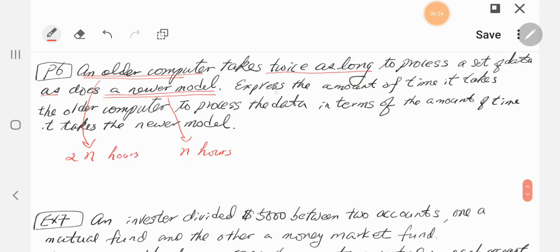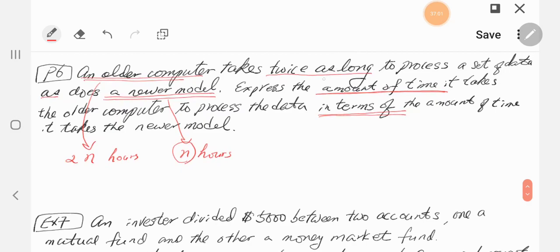Express the amount of time it takes the older computer to process the data in terms of the amount of time it takes the newer model. We set the time the newer model takes as n hours, variable n. The older computer takes twice as long, so it can be written as 2n.